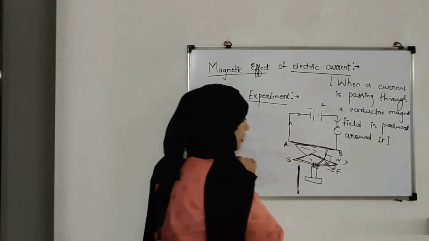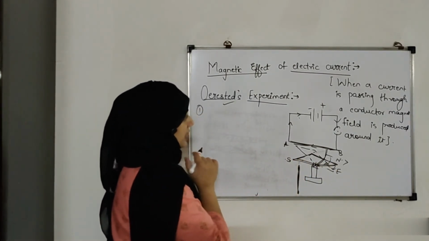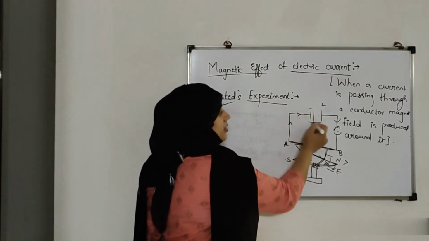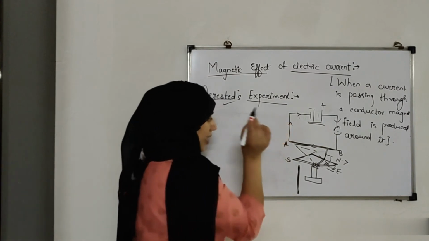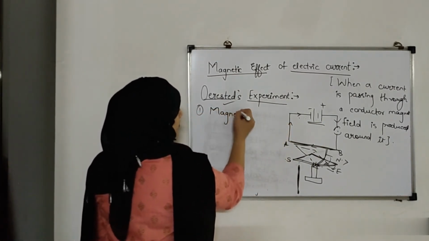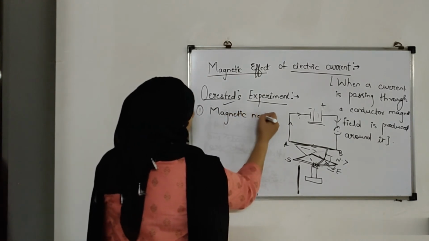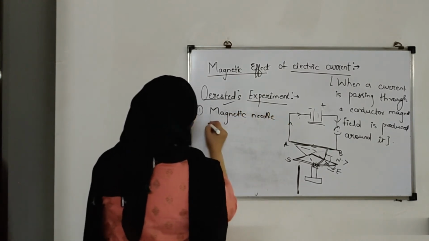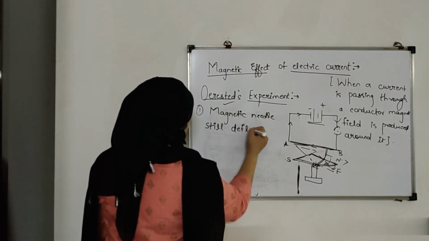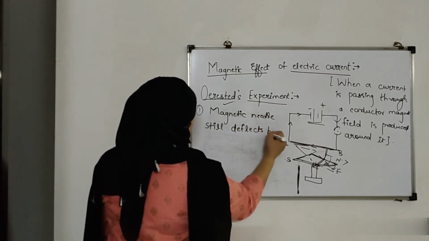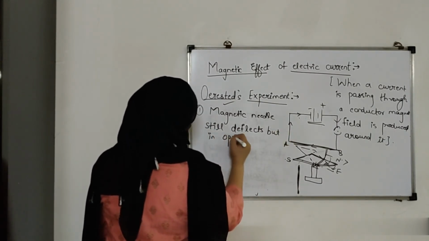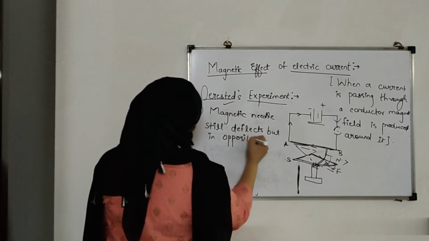Now what if I reverse the connecting wires, reverse the battery? The magnetic needle would still deflect, but in the opposite direction as compared to before.